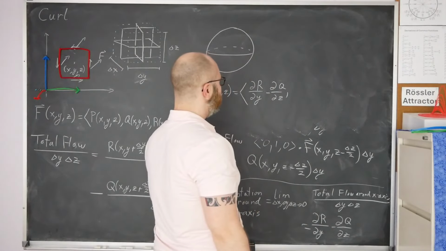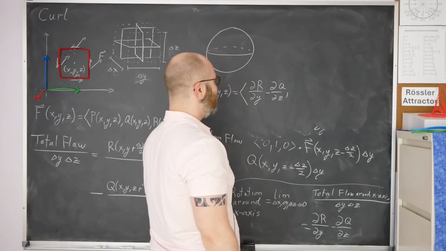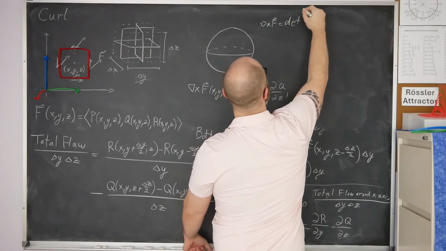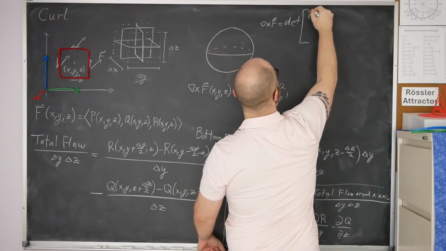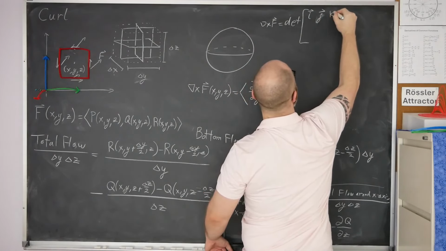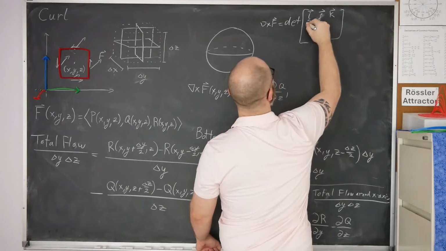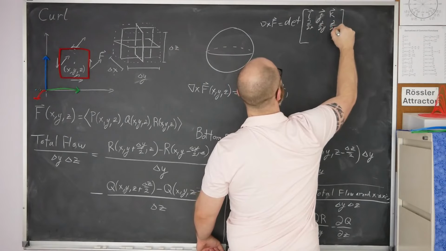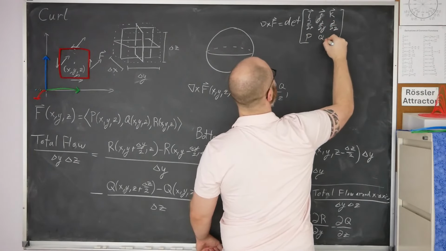That one, I do not remember off the top of my head, so we're going to use that trick, which is curl F is equal to the determinant of i, j, k, partial x, partial y, partial z, and P, Q, and R.